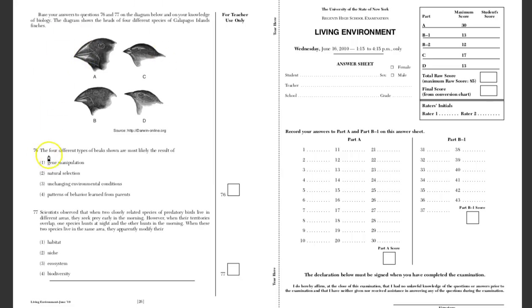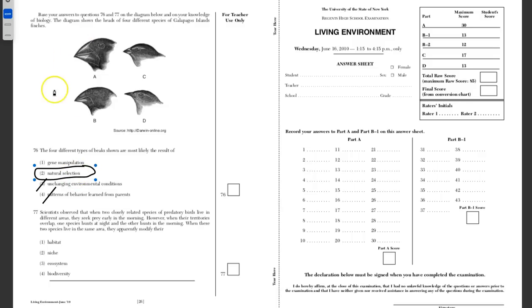Etc., etc. The 4 different types of beaks shown are most likely the result of gene manipulation, natural selection, unchanging environmental conditions. We already know that's wrong because their environments were different, so that's why they have different beaks. Patterns of behavior learned from parents, not relevant. So for number 76, it's natural selection.